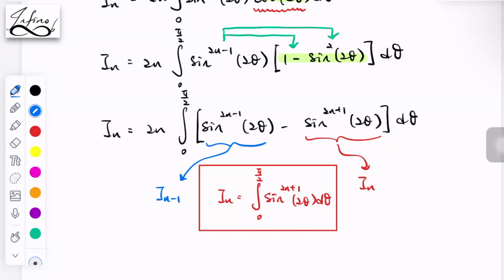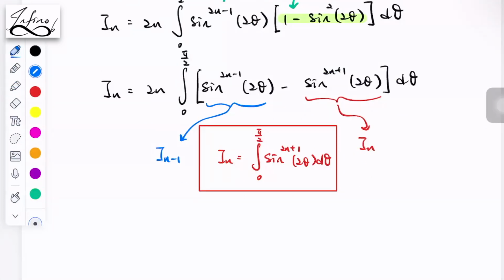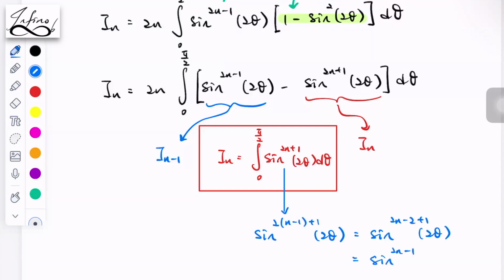Some students may not be able to see it, but if you substitute the n as n minus 1, like this, then here will be sine 2n minus 2 plus 1. And therefore, this one is sine 2n minus 1, 2 theta.